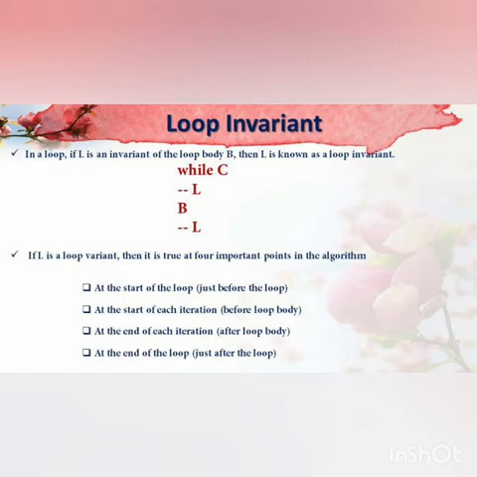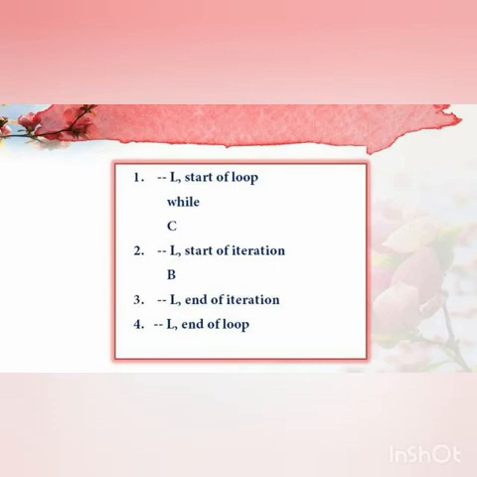So, what is a loop invariant? A loop invariant is nothing but after doing the iteration also, the value might be updated, but the property remains constant. That is called the loop invariant. Let's take L as a loop invariant, so that at the start of the loop L is a loop invariant.